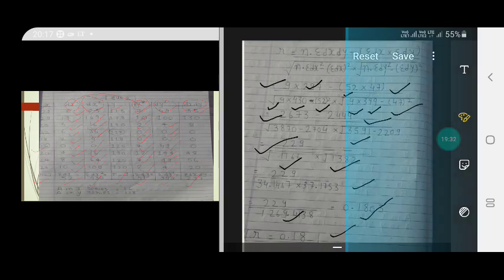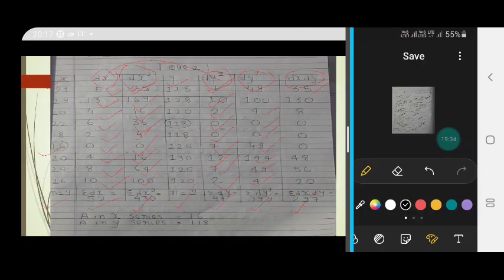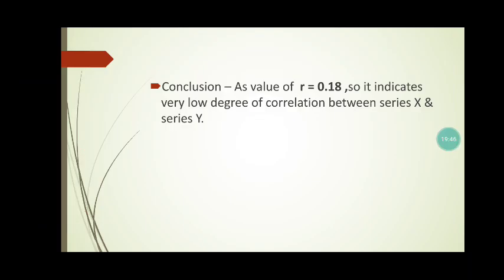So this way we have seen how to calculate the coefficient of correlation. Okay. And the coefficient of correlation has come to 0.18. So what is going to be our conclusion? Our conclusion is going to be this. As the value of R is equal to 0.18, it indicates that there is a very low degree of correlation between series X and Y. Why?